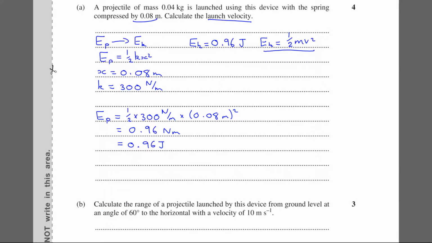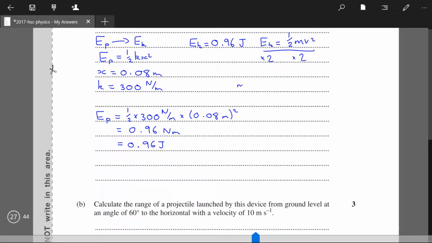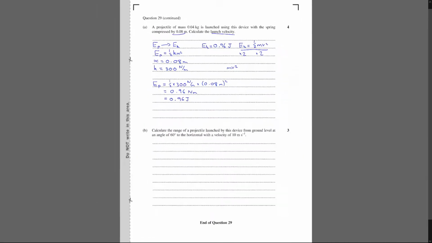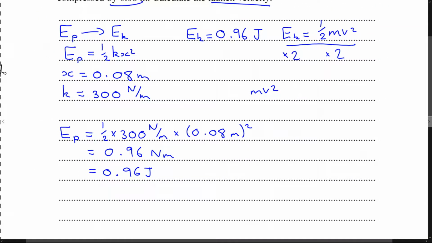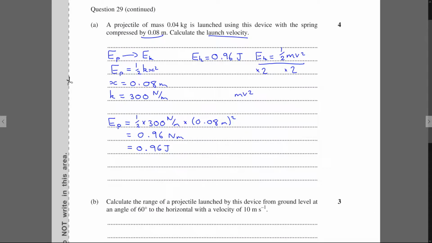The first thing I'll do is multiply both sides by 2 to get rid of that half. So I get mv squared equals 2EK. And then I want to get the v squared on its own, so I divide both sides by m.